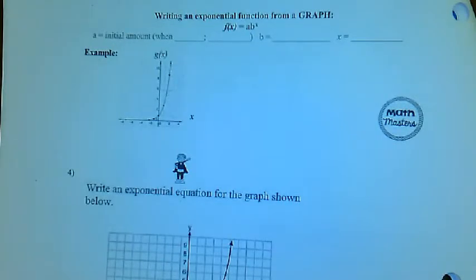All right, so now we're going to look at this from a graph. All right, so from a graph, again, we are going to do when x is equal to 0. And again, this is the y-intercept. I can't fit the whole thing, so y-intercept. Okay, b is still the common ratio.